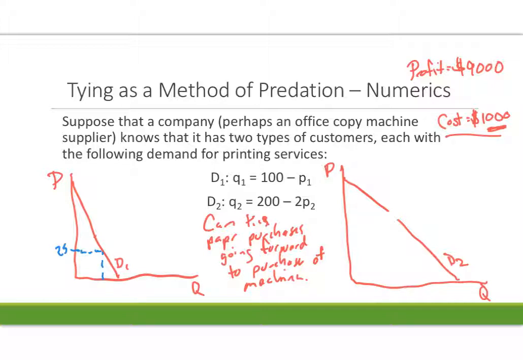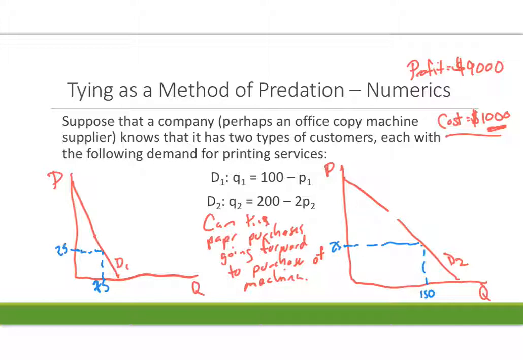Okay, and if you put in $25 into each of these, we get a quantity of 75 over here, and we get a quantity of 150 over here. Okay, so it's not price discrimination. They're charging the same price for paper, but if you want to buy the copy machine, you have to buy paper from them going forward.